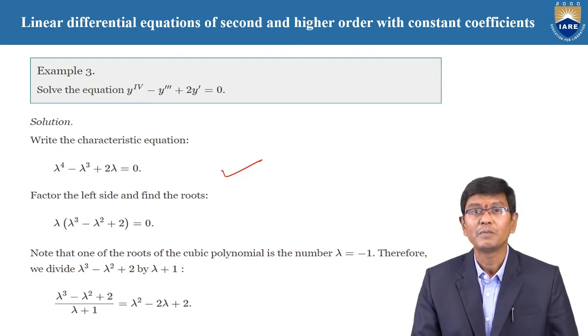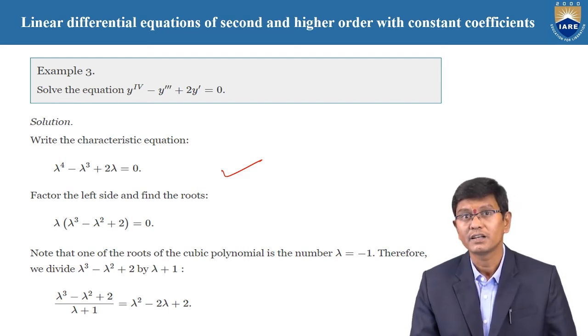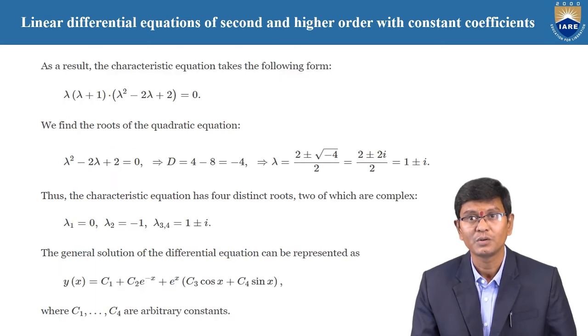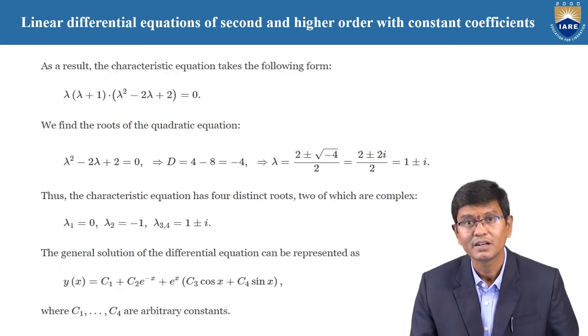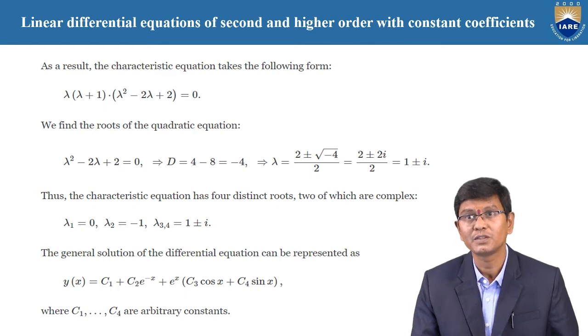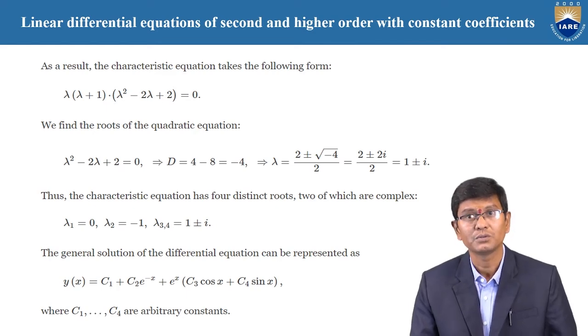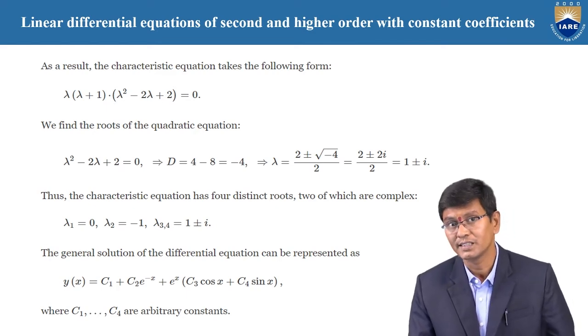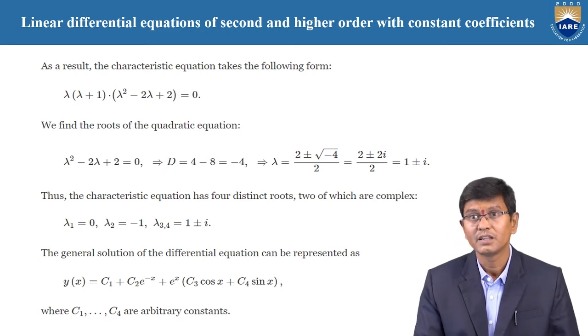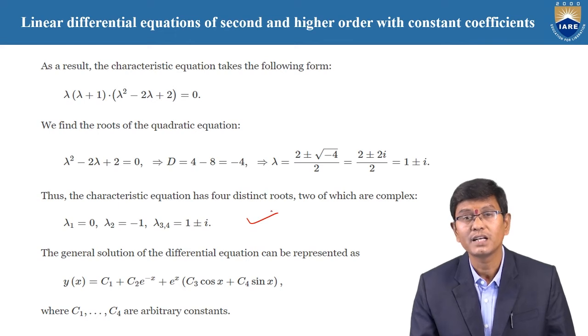Therefore, by solving this equation, once again lambda is equal to 0. And with the help of that third order, you obtain that lambda is equal to minus 1 and also 1 plus or minus i. That means in case 1, 0 comma minus 1 are different roots, whereas 1 plus or minus i is complex.